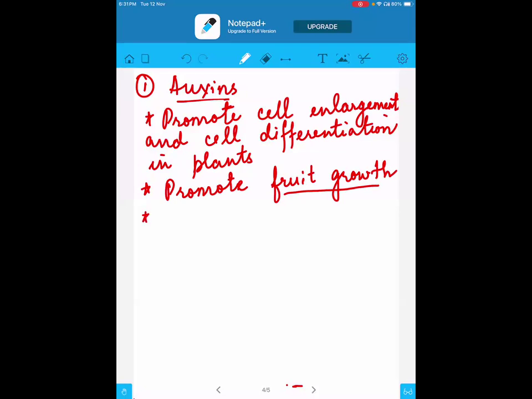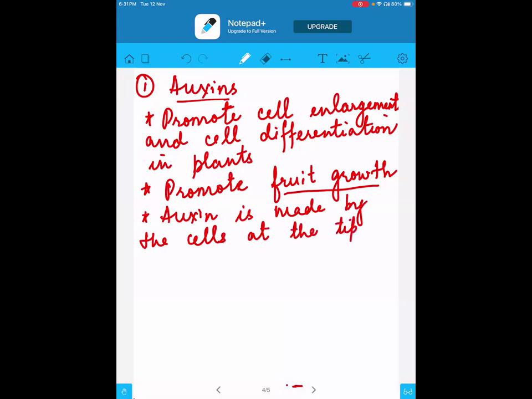Then the next thing is where they are present. Auxins are basically present at the tip. Auxin is made by the cells at the tip of stems and roots.